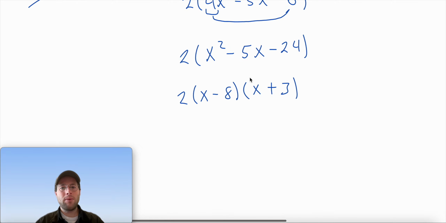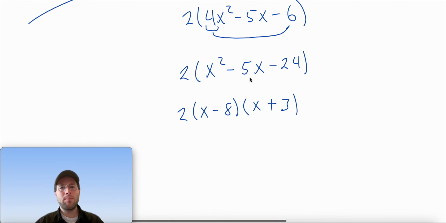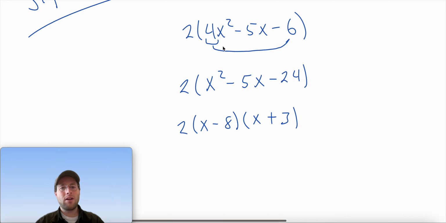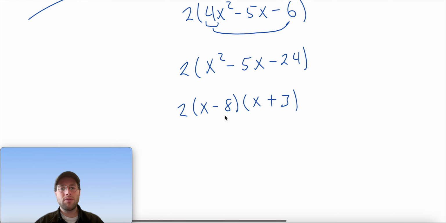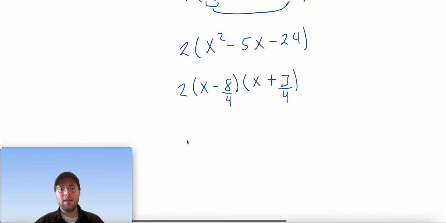And now we've got to be careful here because we've got to remember that we slipped this 4 over here to the end. So to undo what we did at the beginning, we're going to divide each of these values here by 4. And that will result in, let's see, 2 times x minus, well, 8 divided by 4 will be 2.